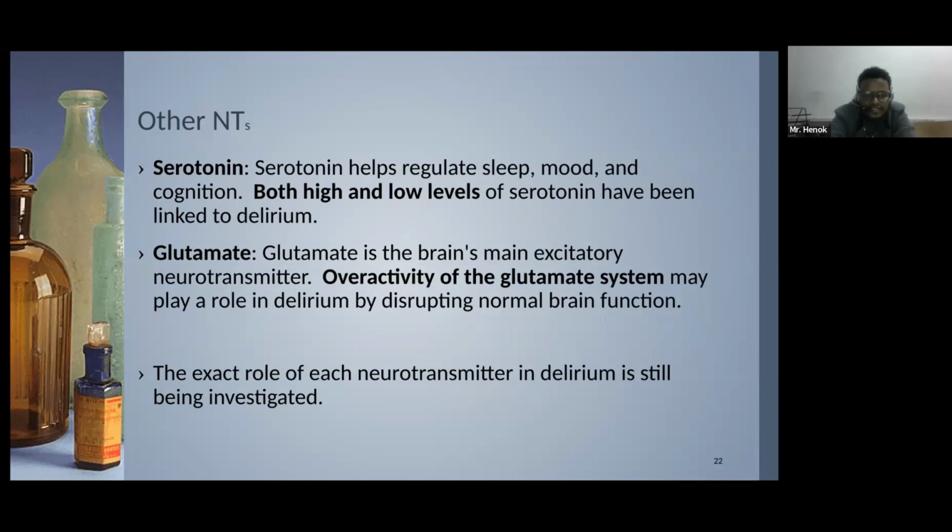The other one is glutamate, which is a main excitatory neurotransmitter. Overactivity of the glutamate system may play a role in delirium by disrupting normal brain function. Still, these are theories. The exact role of each neurotransmitter in delirium is still being investigated.